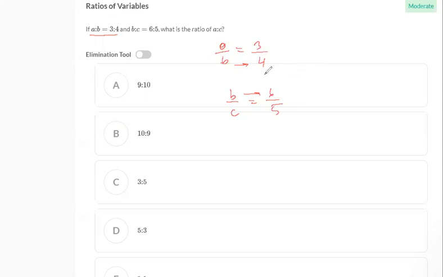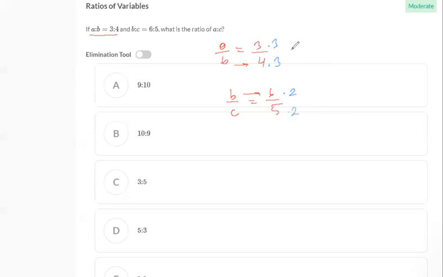In order to do that, the least common multiple of 4 and 6 is 12. So I can multiply this by 3, and to get 12, I can multiply this by 3 as well. I need to have the same fraction. So 3 fourths and 9 twelfths is the same number. That's why I can do that. And then I will multiply this by 2 so I can get the same number as b, which is going to be that one.